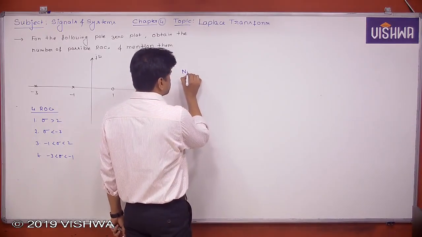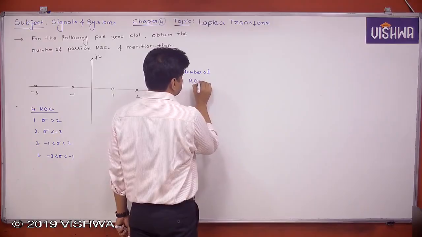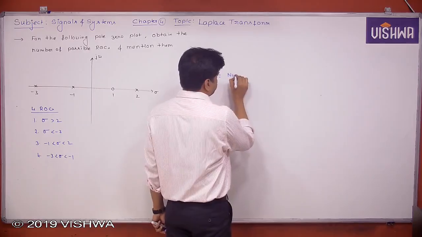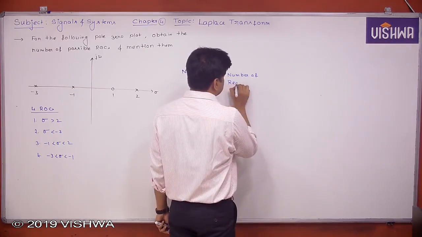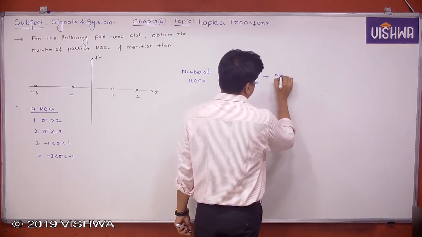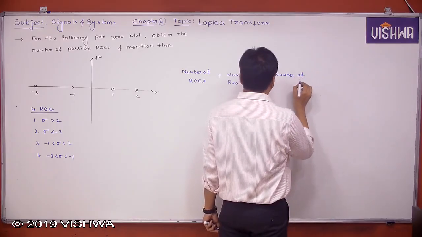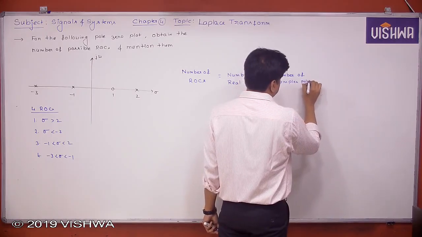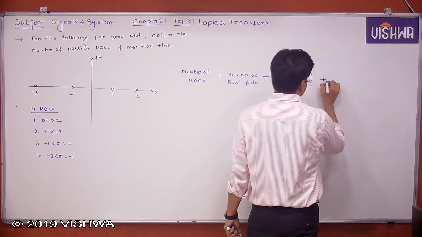Number of ROCs is equal to the number of real poles plus the number of complex poles divided by 2, plus 1.